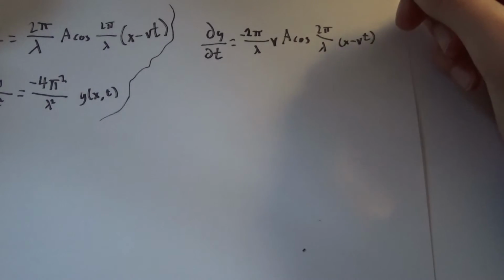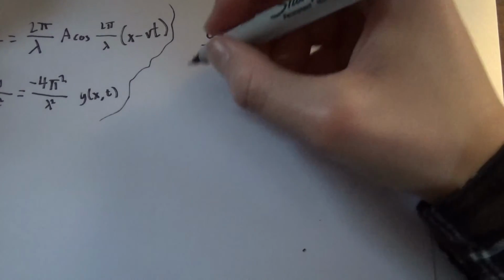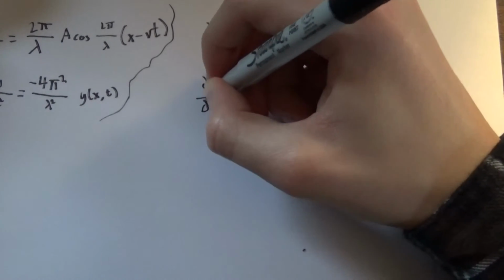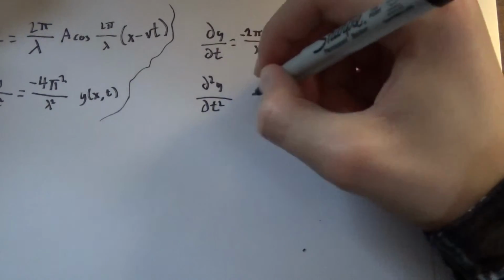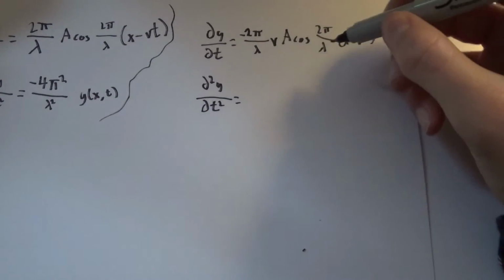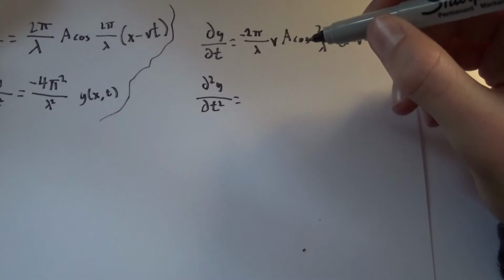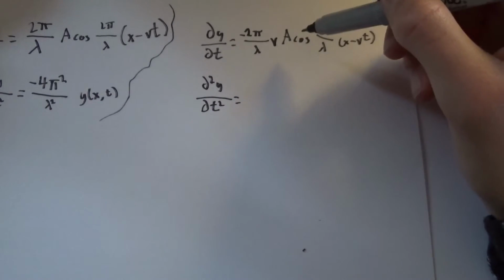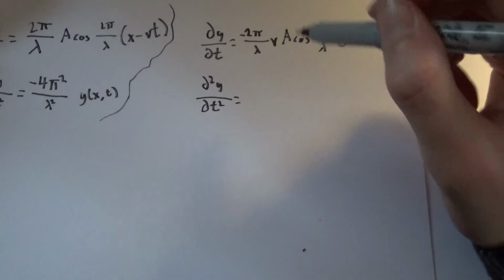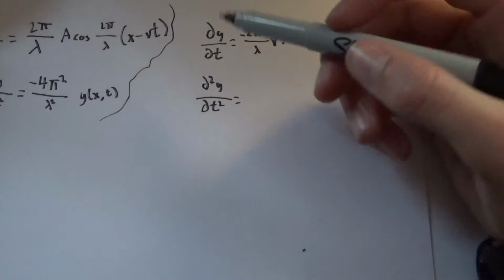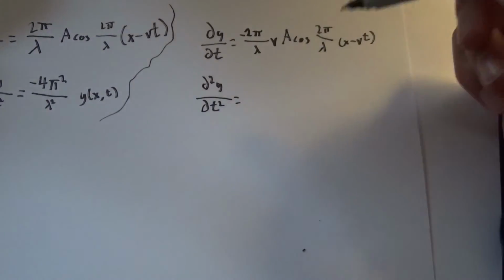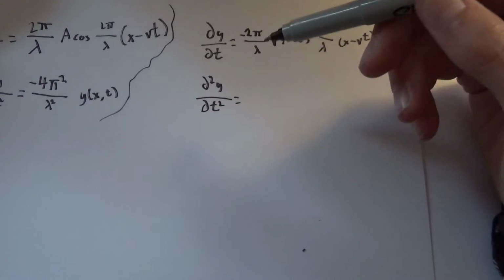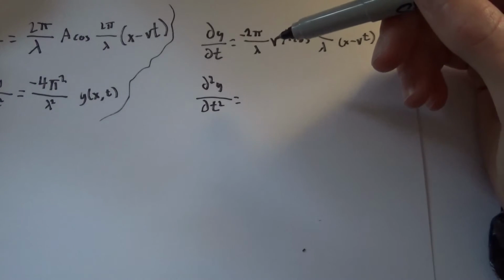So now we take the derivative of the derivative, or the second derivative. And what we have to do again is bring out negative 2 pi over lambda v. But remember, the derivative of any cosine function goes back to negative sine. So let's think about the negatives first of all. We have a negative 2 pi over lambda v. We multiply it by another negative 2 pi over lambda v. So that gives us positive 4 pi squared over lambda squared, v squared.